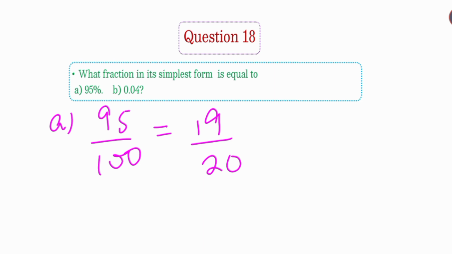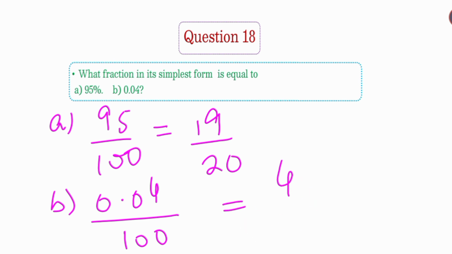So this is the simplest form of the fraction which makes the 95%. Now the second one is 0.04. To work it out, I'll just put a line below 0.04. Exactly under the decimal point I'll put a 1, and zeros under the digits after the decimal point. I have 2 digits here. Under these digits I'll put 0. So now I'll erase this point, and the number is going to be 4 over 100.